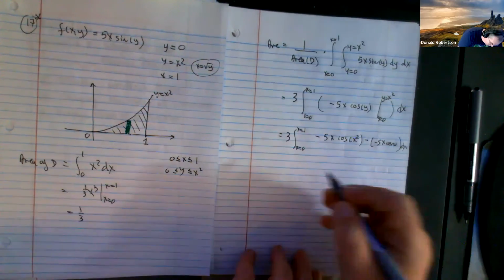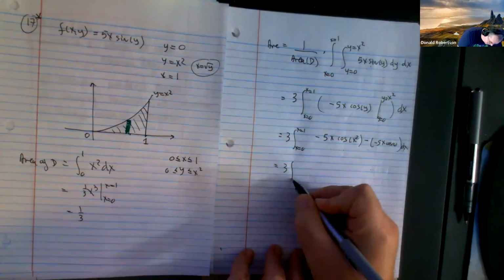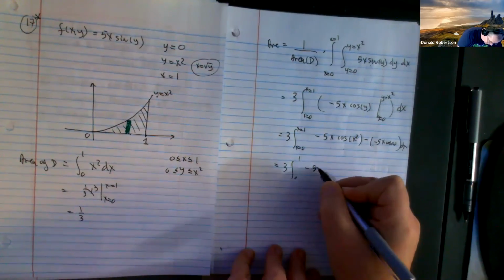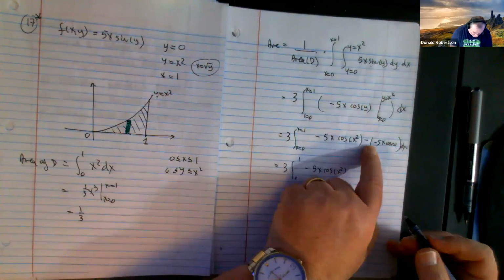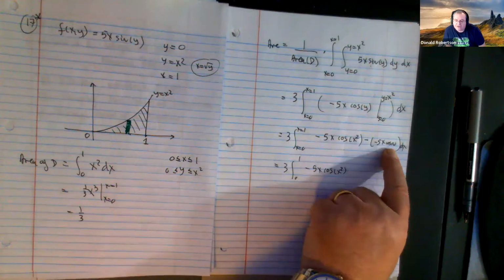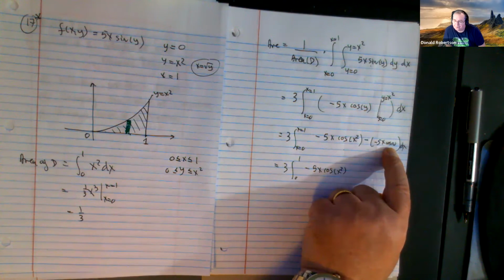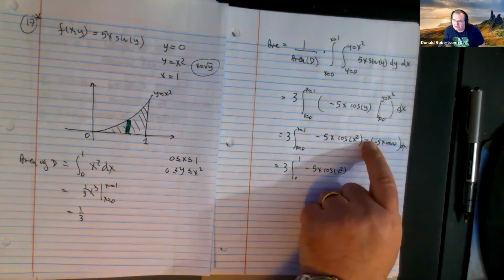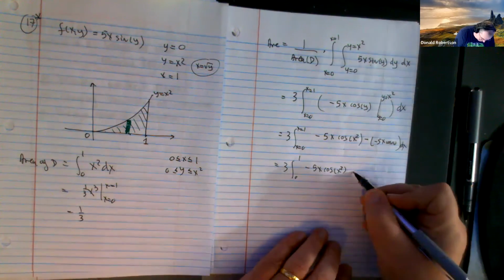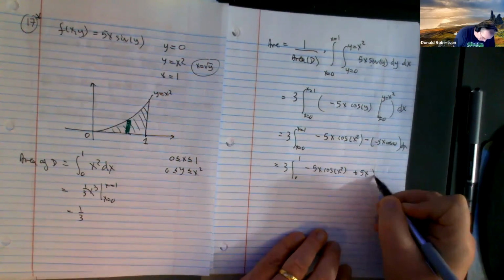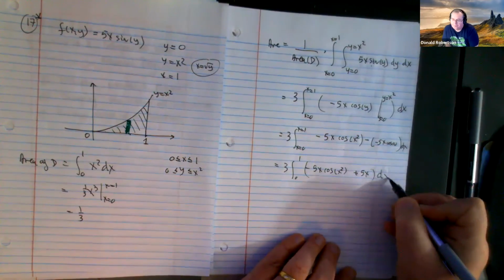And what does that look like? Negative 5x cosine of x squared plus, oh, isn't the cosine of 0, 1? So won't that just be negative 5, take away another 5? So basically plus 5x. Are you happy about where that plus 5x came from?